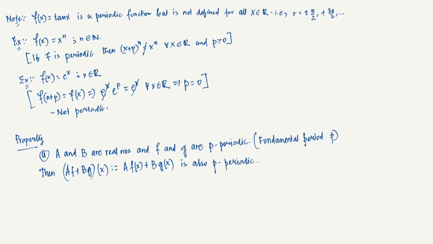Now the whole point of trying to understand periodic functions is that we want to talk about when we can represent. The question is, why are we studying periodic functions?